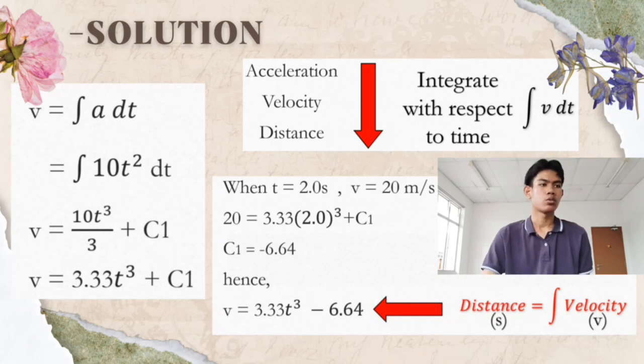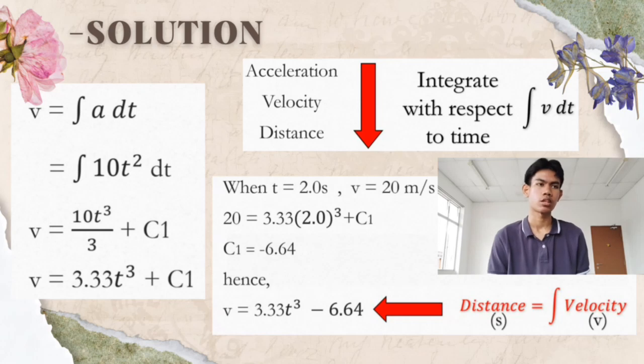When t equals 2.0 seconds and v equals 20 meters per second, then 20 equals 3.33 bracket 2.0 to the power of 3 plus C1. C1 we can get this answer. C1 is negative 6.64 and v equals 3.33t to the power of 3 minus 6.64.